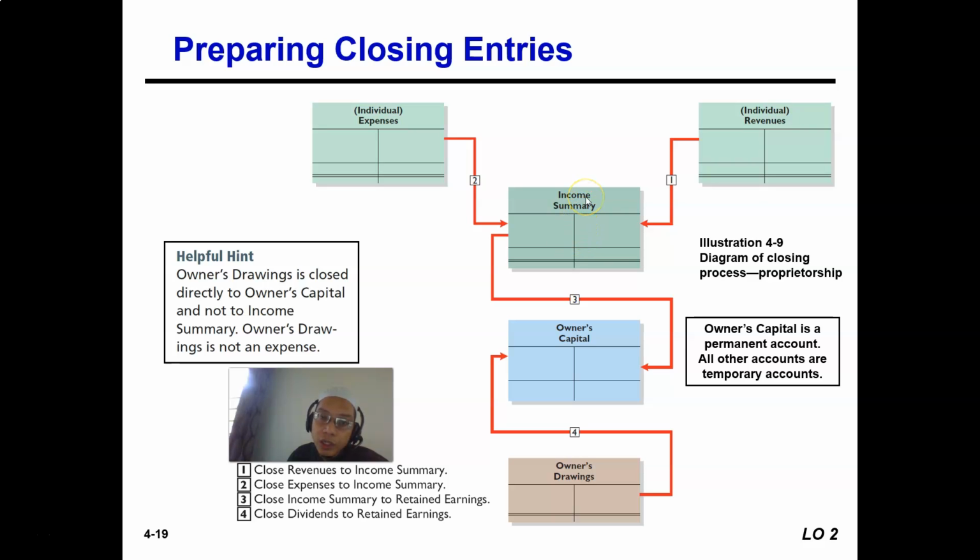If the income summary shows a net income, the credit side is more than the debit side, so we debit the income summary and transfer the net income into owner's capital by crediting the owner's capital. And then finally, we close the owner's drawing account by crediting owner's drawing and debiting owner's capital.